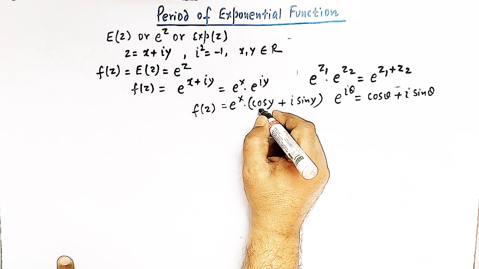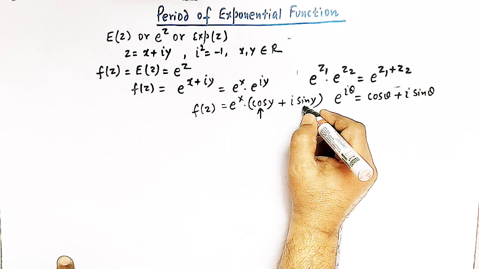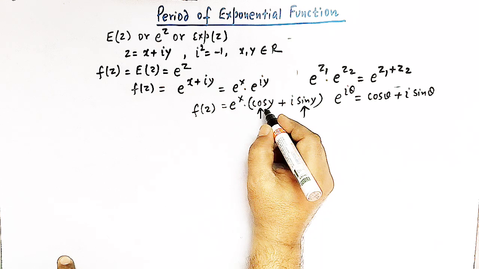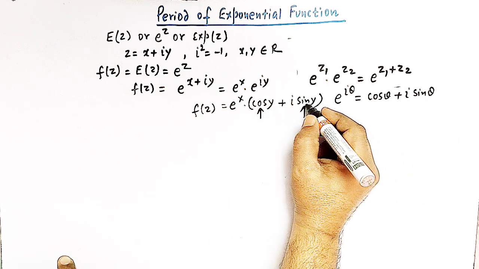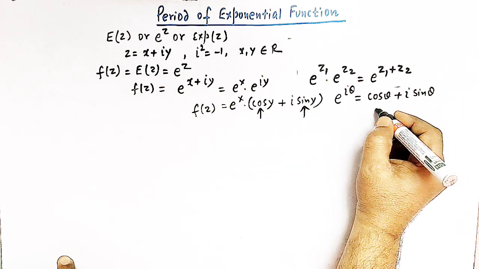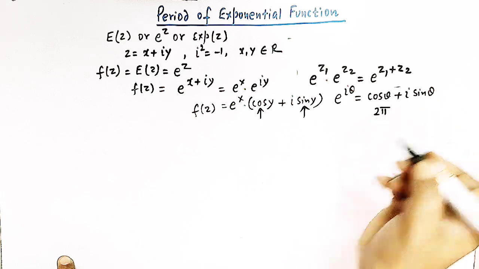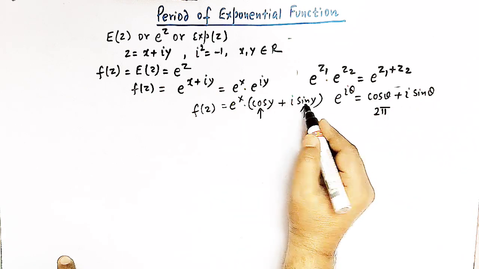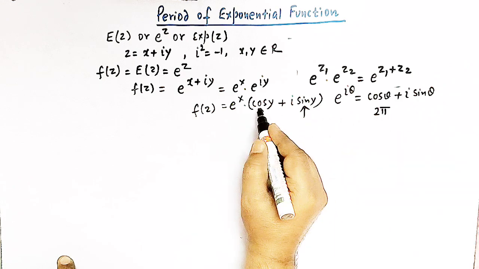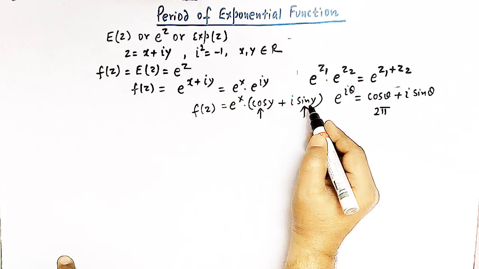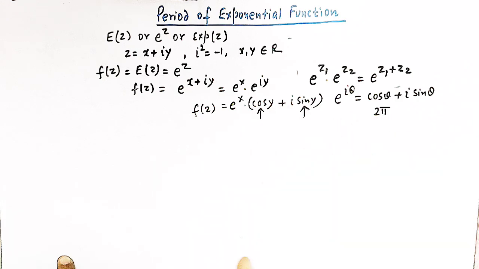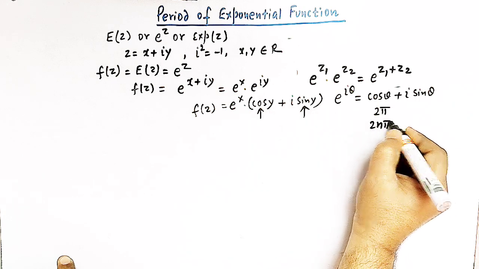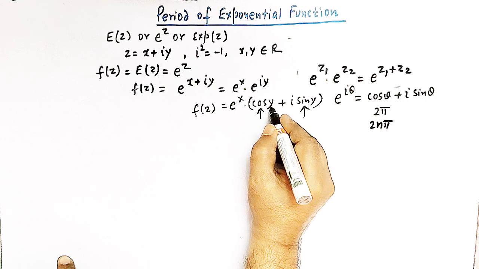Now here we have the cosine function, and here we have the sine function. And from trigonometry, we know that the period of sine function and cosine function is given by 2 pi, right? So the period of cosine function and sine function is 2 pi. So cosine y and sine y remain unchanged when we add 2 pi to this y, right?